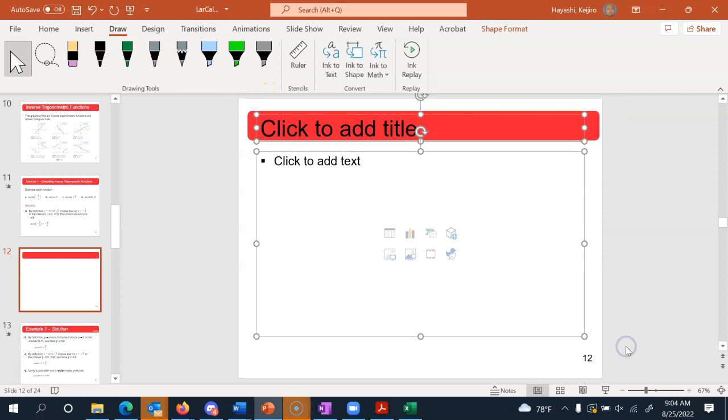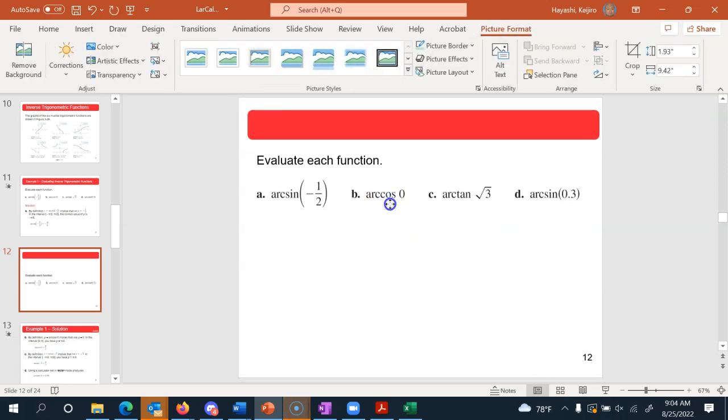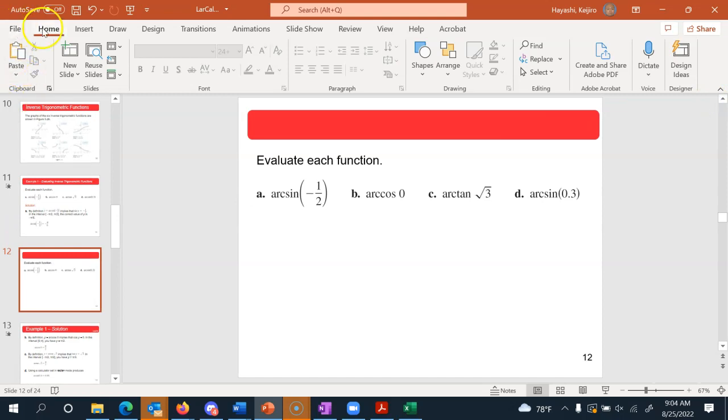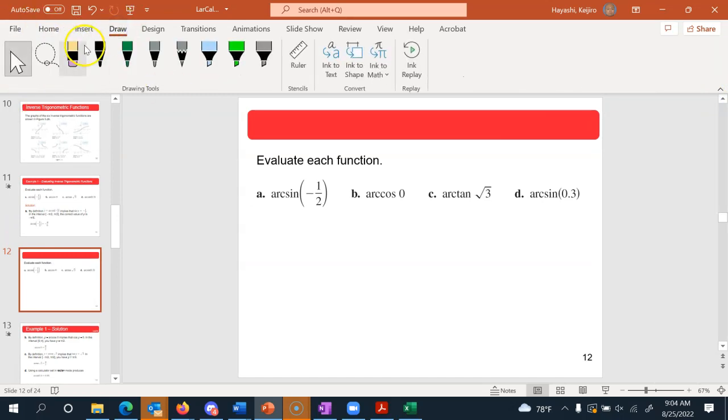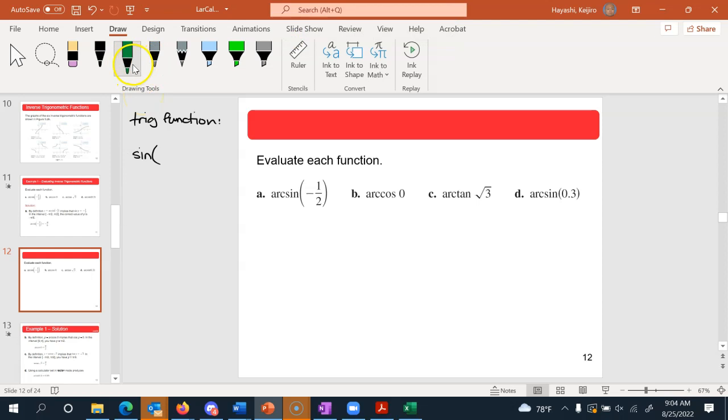Typically, with regular trigonometric functions, the idea is that inside of a trig function, for example sine, cosine, or tangent, what you put into the function is an angle, right?